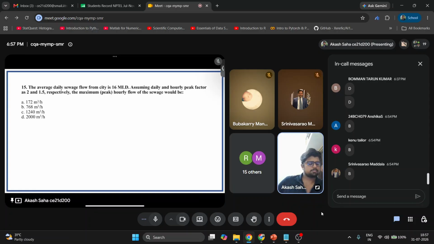Any answer? Also please take care of the unit. It is in meter cube per hour. That's why it's called peak hourly flow.